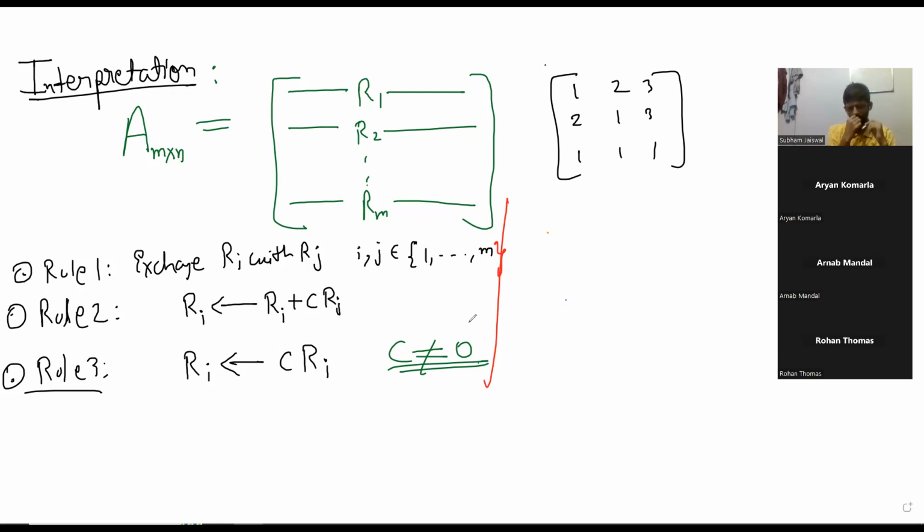So the next thing is, because these rules are defined combinatorially, can you create the effect of these rules using matrix multiplication? I'll explain this mathematically, but first in words.